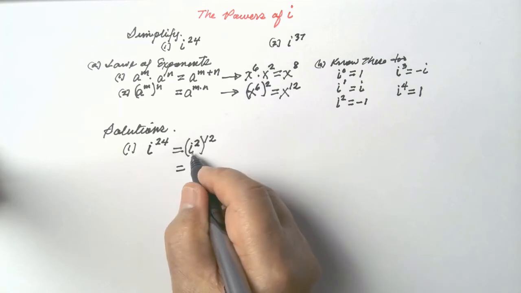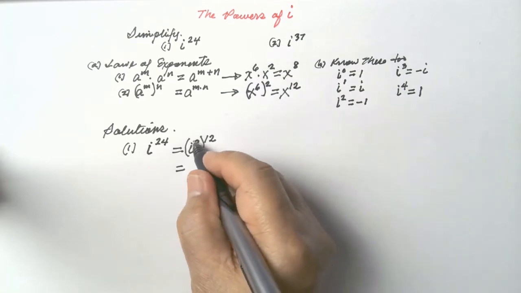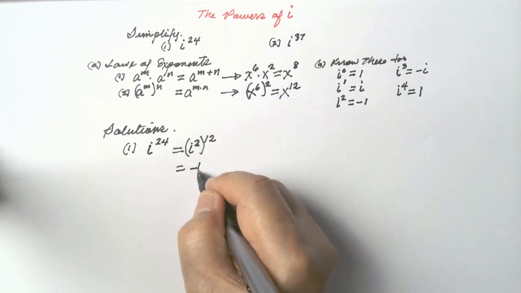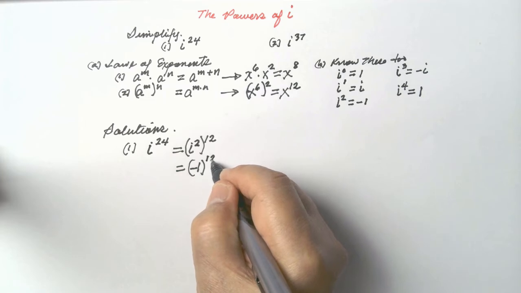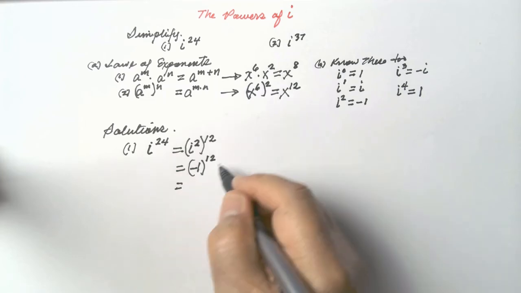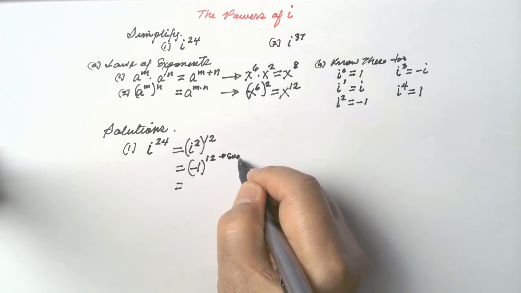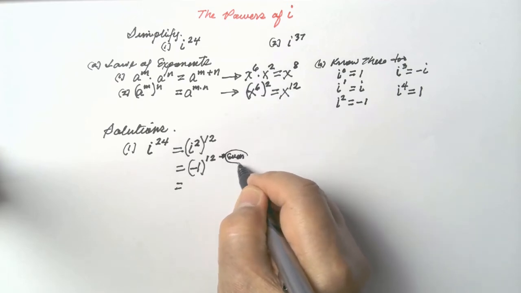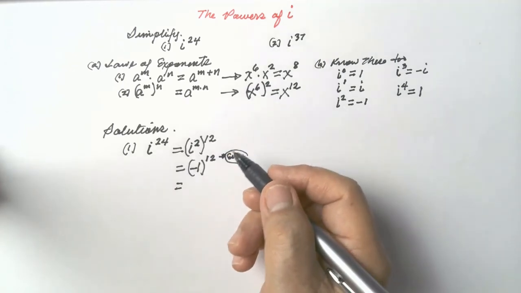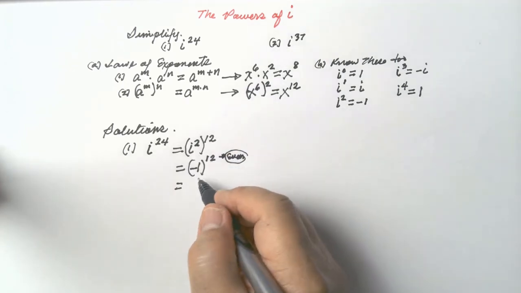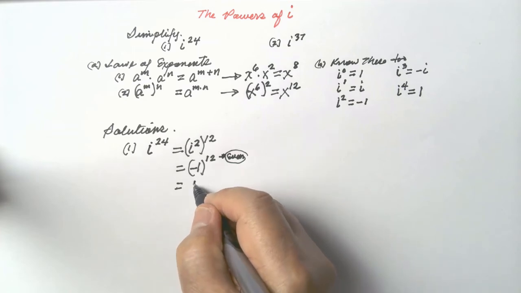But I square is negative 1, so we can replace this by negative 1 raised to 12. But then this is an even number. When a negative number is raised to an even number, the answer is positive, so this will become positive 1.